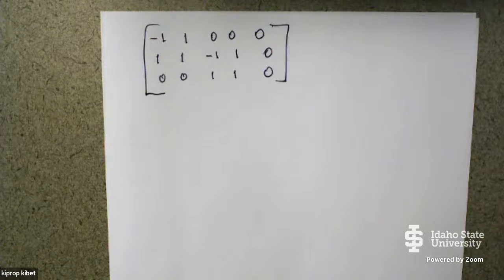Now, without even solving this, is this linearly independent? Without even solving, we just look at it. It is not, right? Because the number of columns here is more than the number of rows.